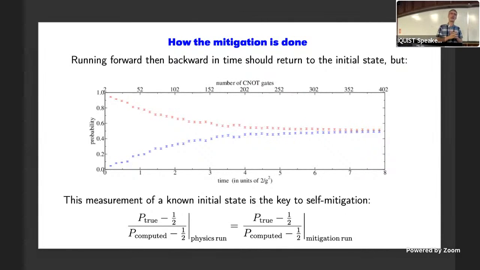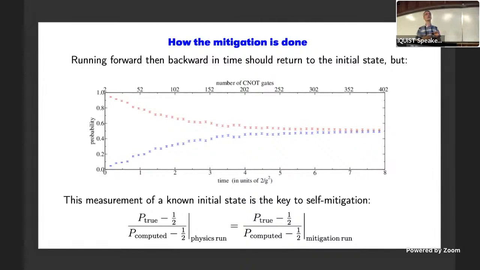If you run that on the quantum computer, you will not get the initial state because a bunch of errors happen. But since you know the right answer, suddenly now you know exactly what errors have been made by your quantum computer. You've measured the error. And if your circuit, where you took 5 steps forward and then 5 steps backward, has the same gates on the same qubits for the same hardware in the same order, all you did is change a plus sign to a minus sign in half of your steps.